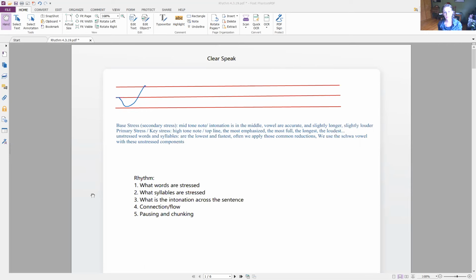Where is the voice going down? We also talk about connection or flow or linking, how the words connect together, and then piggybacking onto that is pausing, or the way that we chunk information into little units or groups and where we pause. So all of those elements together create English rhythm.